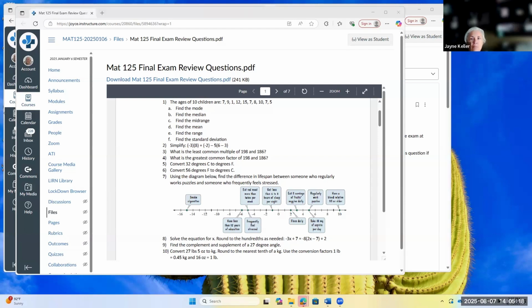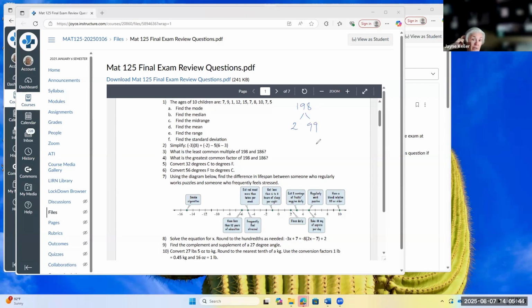So for 198, to do a factor tree, I look for a number that divides in. I see that 2 divides in because it's an even number. So 2 goes in there 99 times, 2 times 99 is 198.